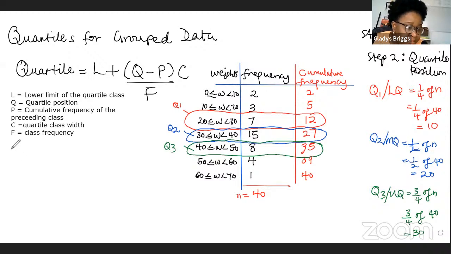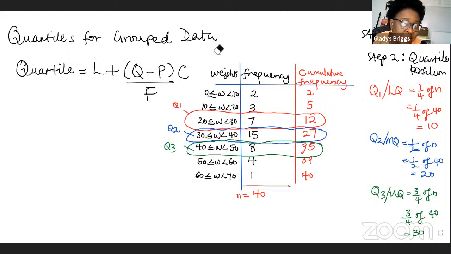Formula for quartile 1, for Q1. I'm color coding them so that you know which one is for which one. I'm using red for quartile 1. So for Q1, L is the lower limit of the quartile class, and that's 20, plus Q is the quartile class position.